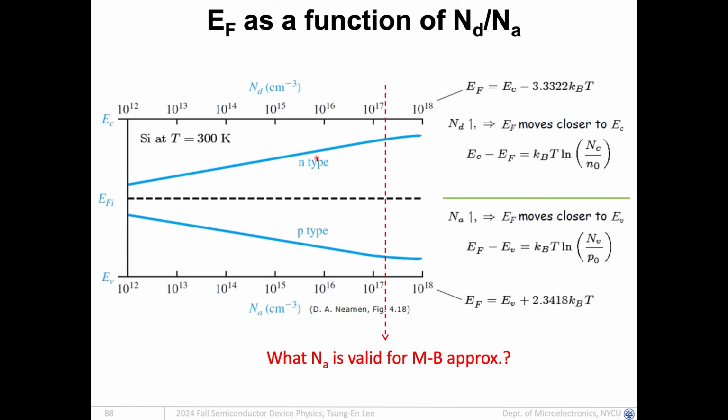But when it becomes not linear, it is close to saturation. That happens when the Maxwell-Boltzmann approximation is not valid; then we can use this simplified equation to describe the Fermi level position and the carrier concentration. The interesting question is when the maximum carrier concentration, the doping concentration, is still valid for the Boltzmann approximation.